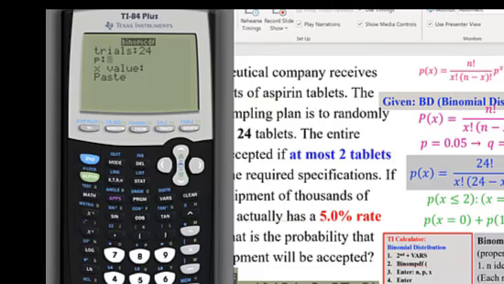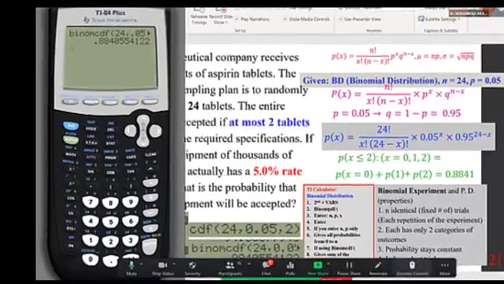The p-value is 0.05, enter. The x value is 2, enter. Enter again, and it gives you the number that we have down here.